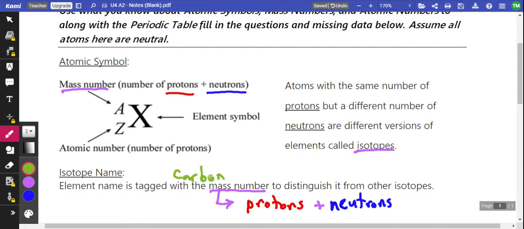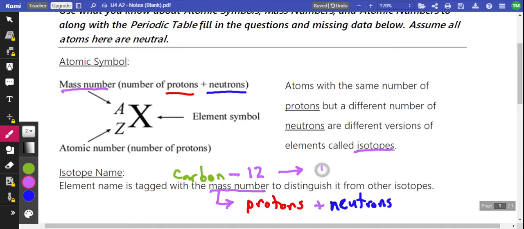All right. Then we do a little dash. Right? And then we write the mass number after it. Okay, that number of protons plus neutrons. Okay, so maybe I have a version of carbon called carbon 12.